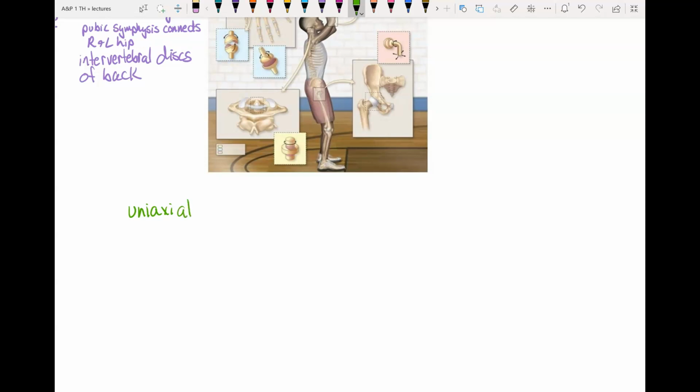They move in one direction, or one plane of movement. We're going to have biaxial. They move in two directions. And we're going to have multiaxial. They move in many directions.